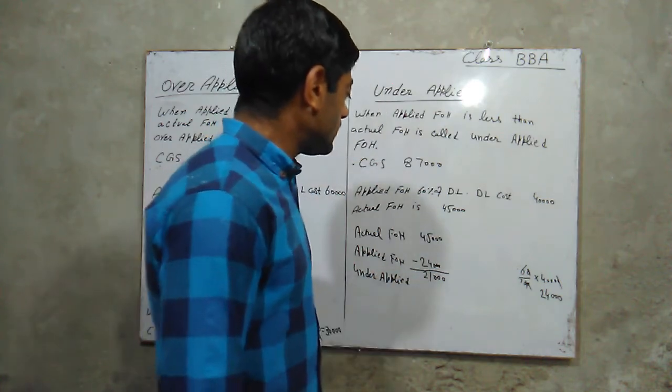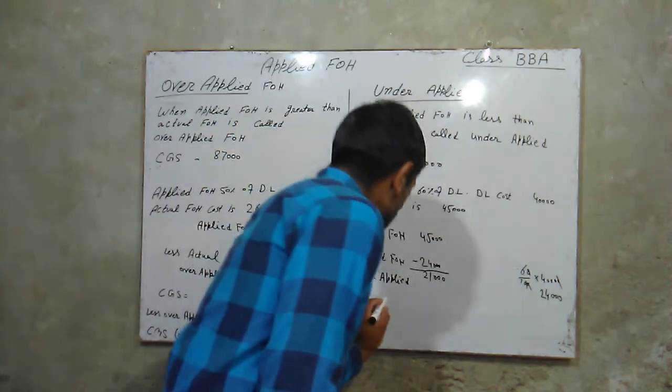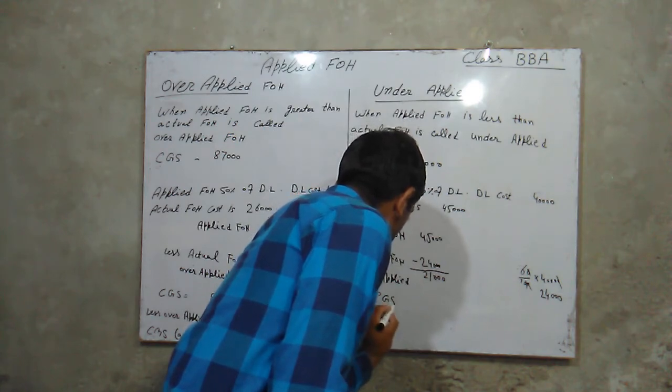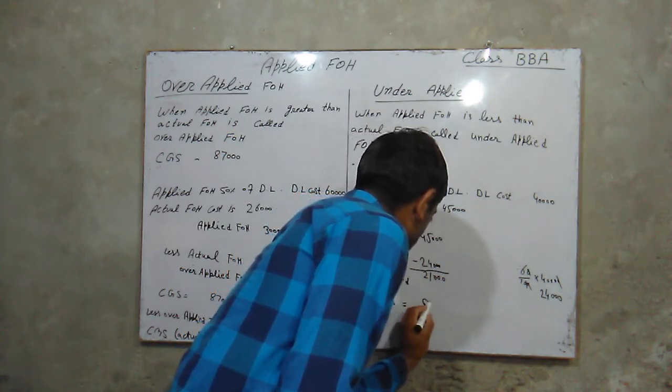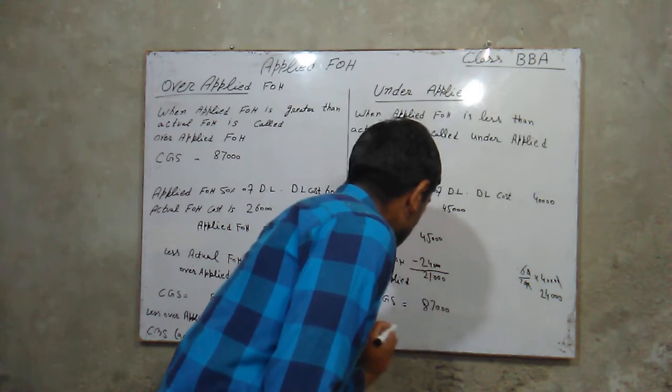In the underapplied case, the cost of goods sold value is 87,000.